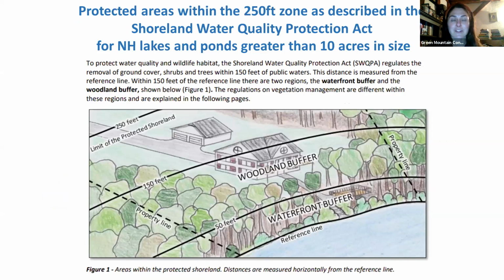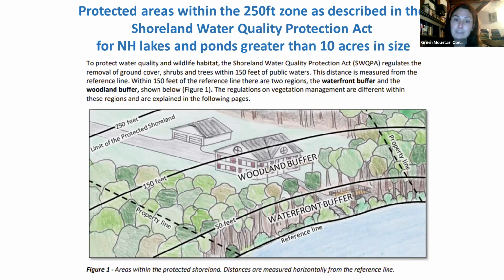So if you check this out, there are different zones. From the water line, there's the waterfront buffer. You want this area to have good ground cover, vegetation that is well established. You really don't want any impervious surfaces here. Many properties are grandfathered in, and they do have patios, docks, hopefully not too much pavement, but it can happen.